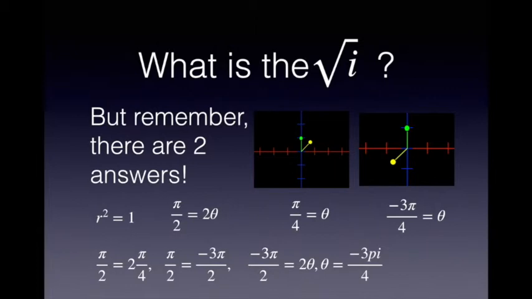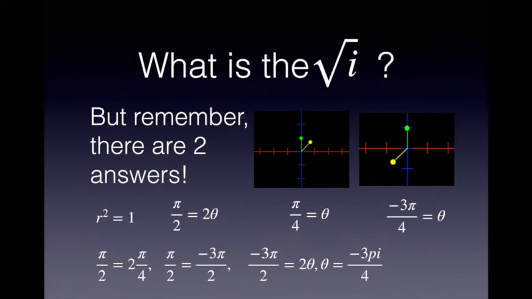So if I do that problem again, what's the square root of i? Well, if I'm working in the negative direction, negative angles, then 2 theta is equal to, instead of pi over 2, negative 3 pi over 2, which means theta is equal to negative 3 pi over 4.